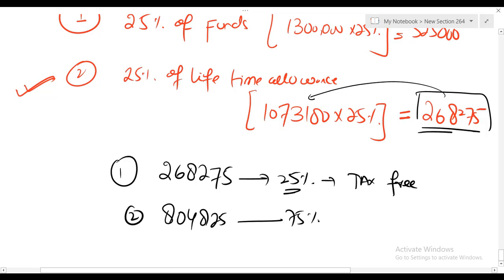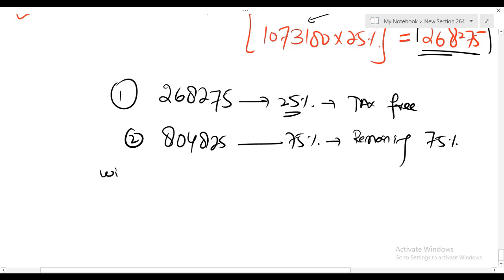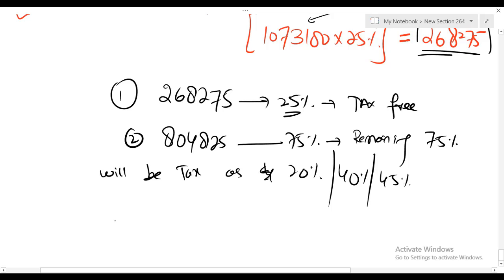So the remaining 75% will be taxed at 20, 40 and 45%.